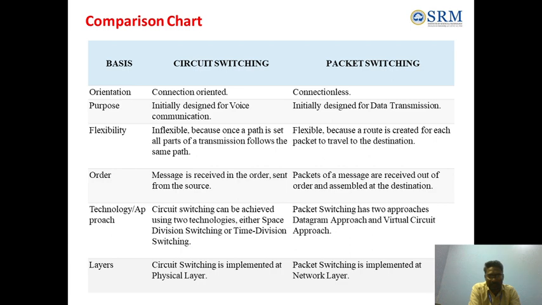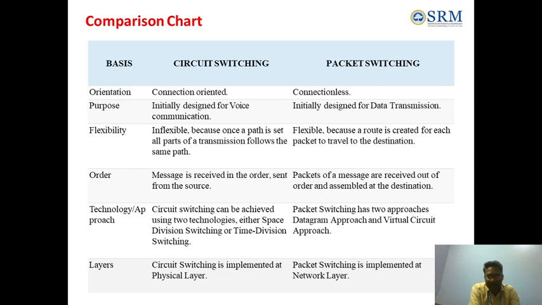As for order, in circuit switching messages are received in order, while in packet switching the packets of a message are received out of order. For the technology approach, circuit switching can be achieved using two technologies: space division switching or time division switching.